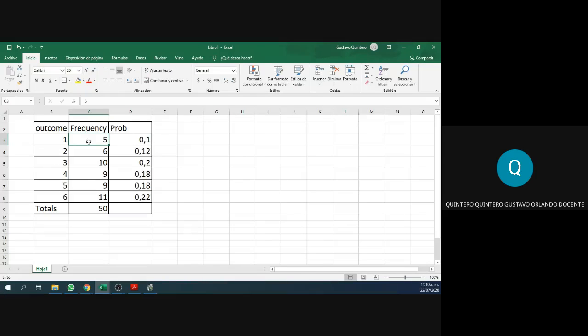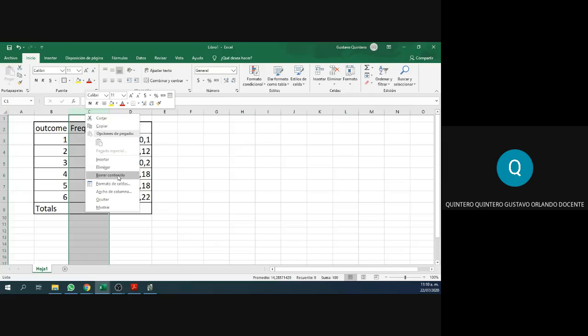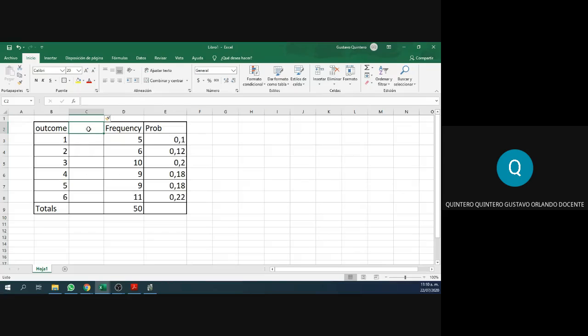So in my case, in this column, let's insert the tally. I should have something like this: 1, 2, 3, 4, 5. If I count these ones, I get a frequency of 5. Here I have 6 ones, so the frequency is 6. Let's just continue this.